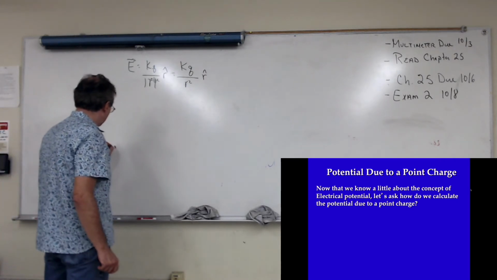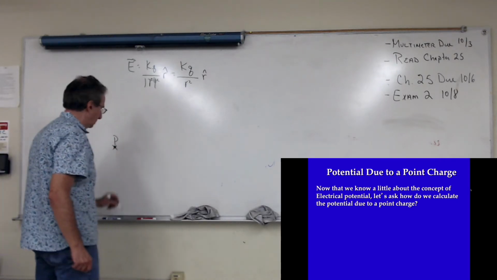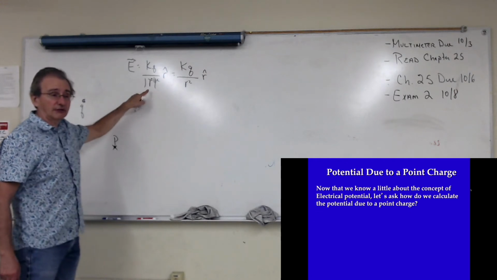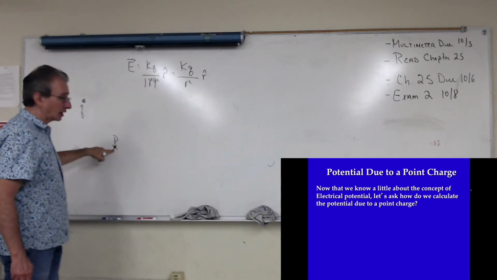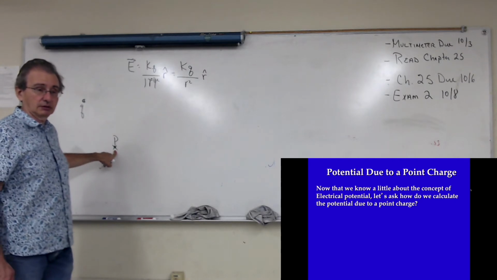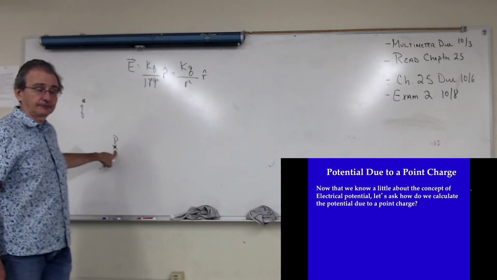So if I went to a point P, I determine the electric field by this. And of course, there's also a V associated with this point. Why is there?